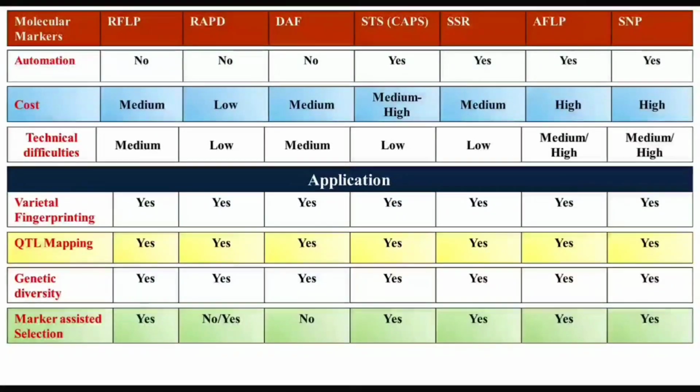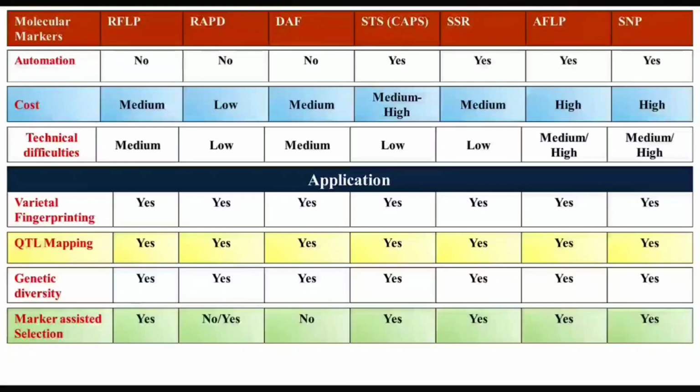Marker assisted selection. See, this is very important. This question is also asked. What all markers can be used for this case? That is RFLP. RAPD, it's a case of yes as well as no, because it's a dominant marker, so it will not be able to differentiate the heterozygotes.